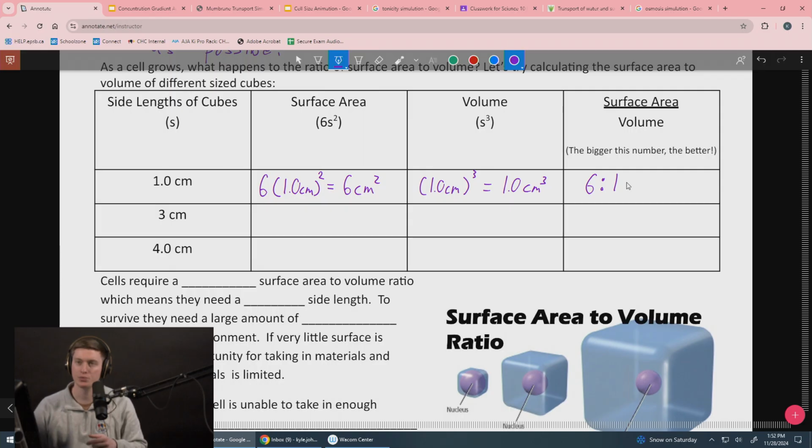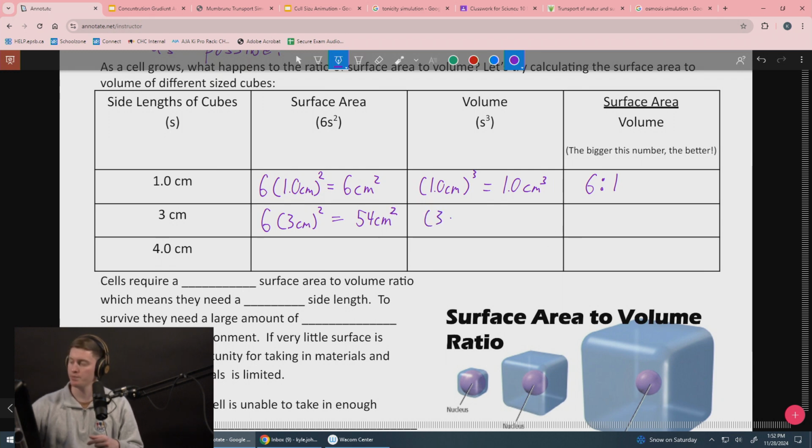If we increased the side length of the cube to 3 centimeters, then our surface area would be 6 times 3 centimeters squared. So remember your order of operations here. We'll do the square first, so that will be 6 times 9 centimeters squared, which will be 54 centimeters squared.